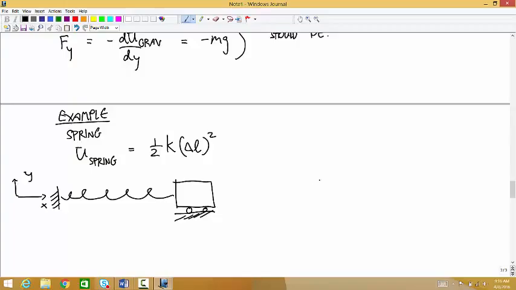And we'll put the origin at the spring's resting length. Or let me be a little more careful about this. So we'll put the origin at the object's location when the spring is at its resting length.